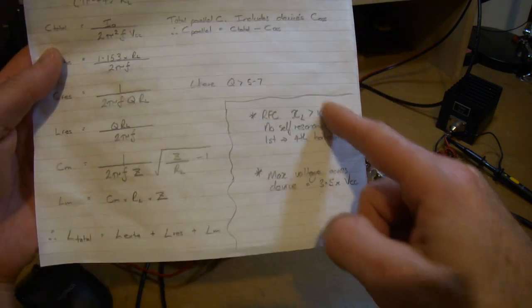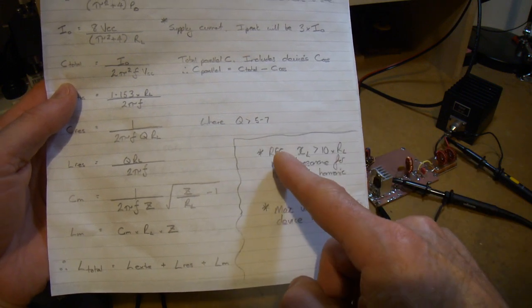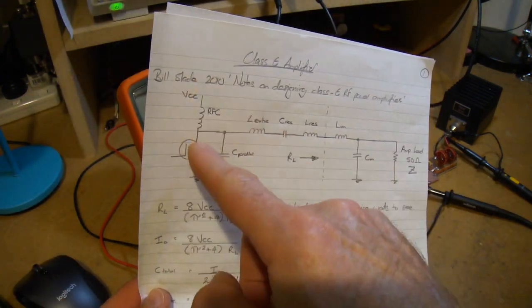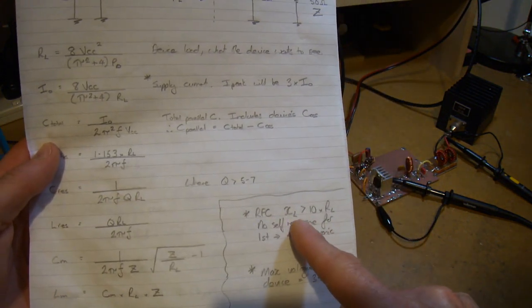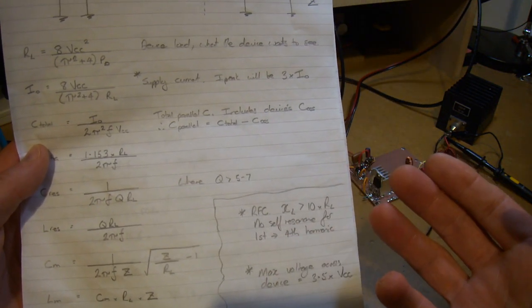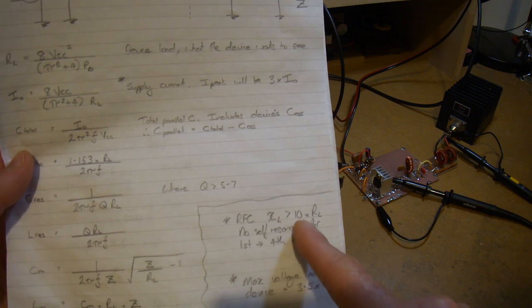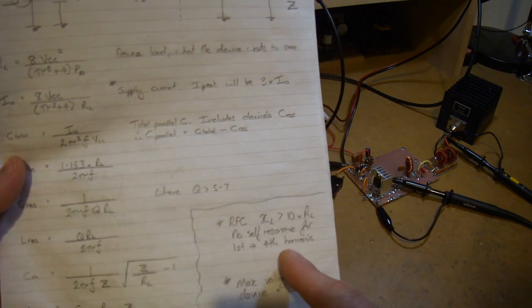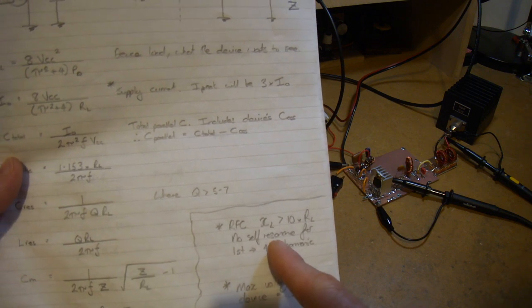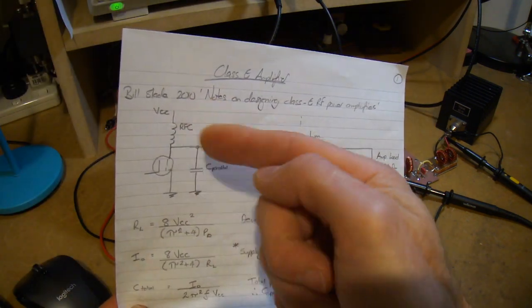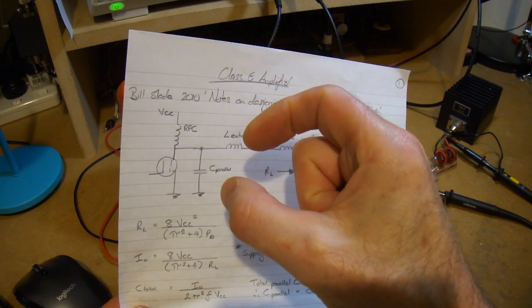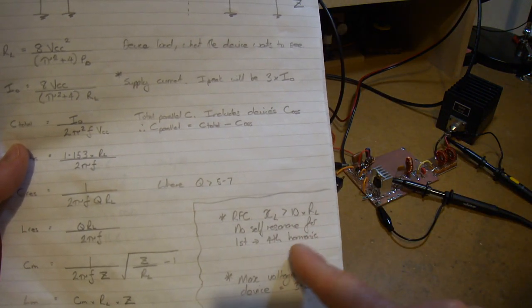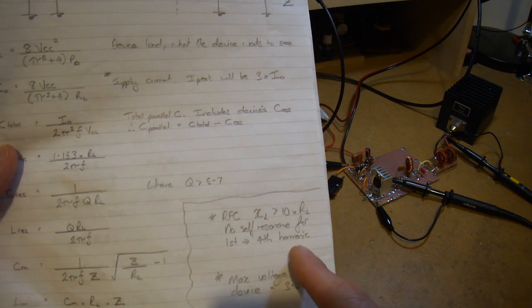A couple of other points are made in that particular document. The RFC, that's the blocker up there from the VCC down to the device, its inductive reactance, 2 pi FL, needs to be greater than 10 times RL. There's also another caveat that there needs to be no self-resonance, by virtue of the fact that it's got windings and therefore interwinding capacitance, between the first and the fourth harmonic.